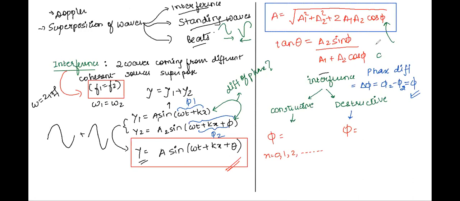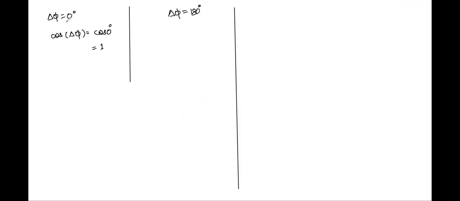Okay, so see here. I write it. For constructive interference, what will happen? Let's say phase difference is 0. So you'll have A equal to under root of a1 square plus a2 square plus 2a1 a2 cos phi, where cos phi is cos 0.